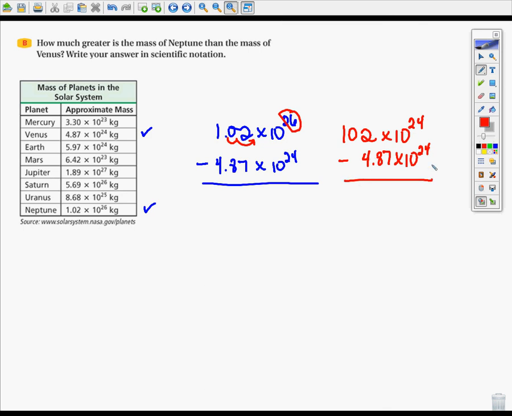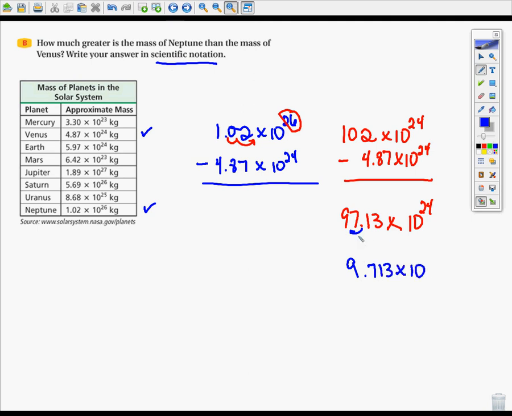And I'll go ahead and subtract 102 minus 4.87, which is 97.13, times, I keep it 10 to the 24th. Again, this is not in scientific notation, and they're asking me to write it in scientific notation, so the decimal has to go 1 to the left, so that's 9.713 times 10.